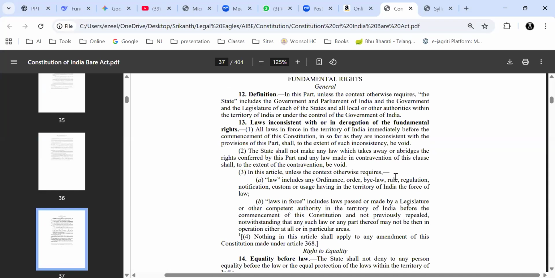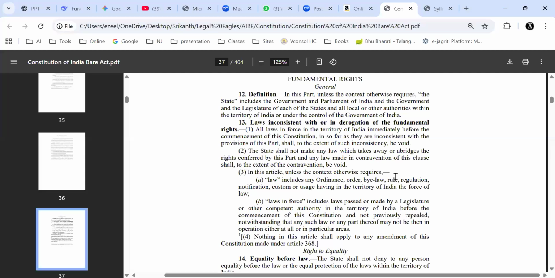Only these two purposes, this definition applies. It doesn't apply for any other purpose. That is the reason they have specifically mentioned this definition under fundamental rights. The definition given in fundamental rights applies only to fundamental rights and to a certain extent directive principles of state policy, but not to everything.